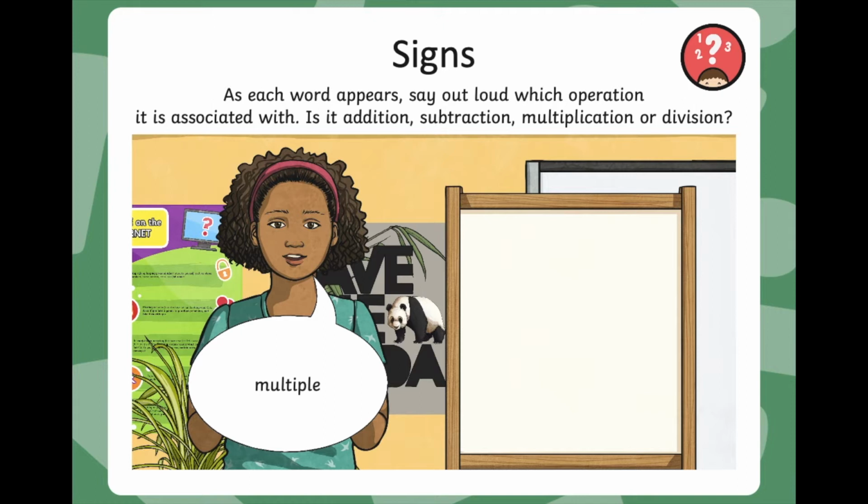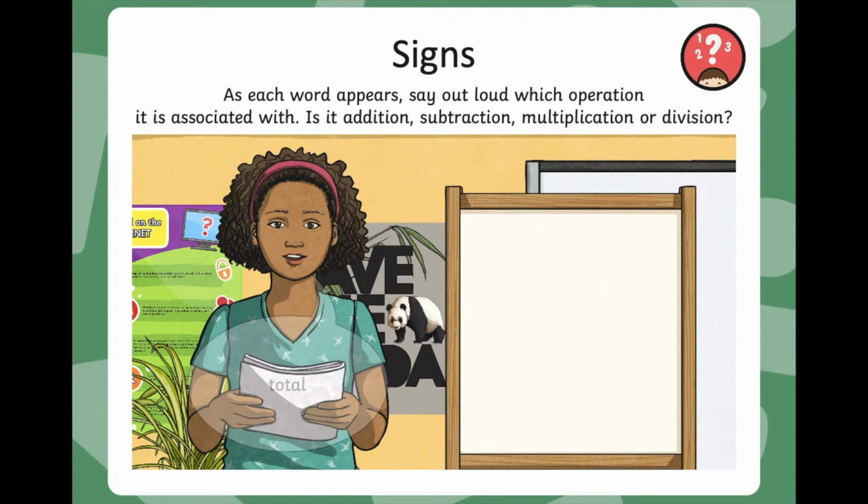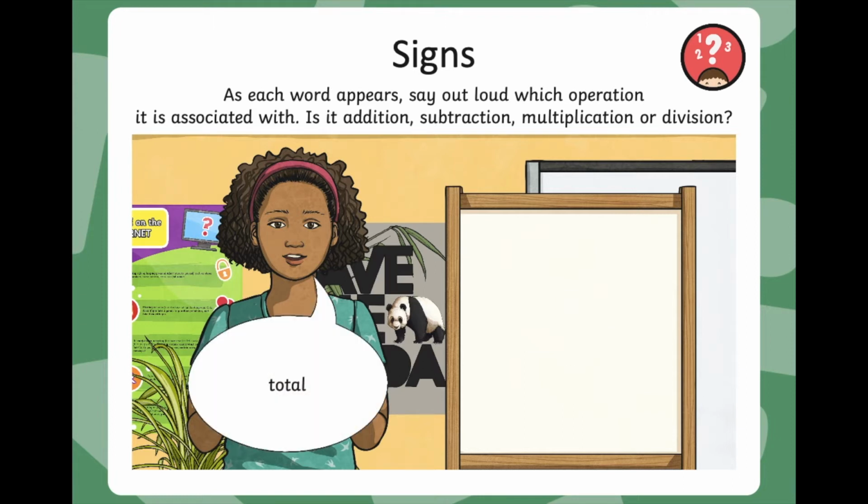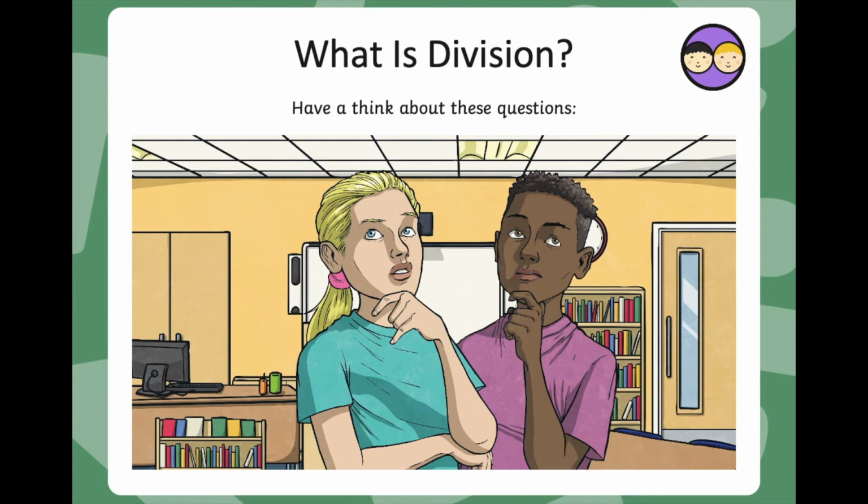Multiple, that is multiplication, the clue was in there hopefully. Remainder, hopefully you got that's division. And lastly total, and total is addition. Well done if you got all of those correct.